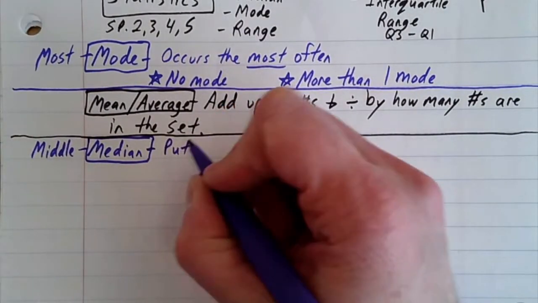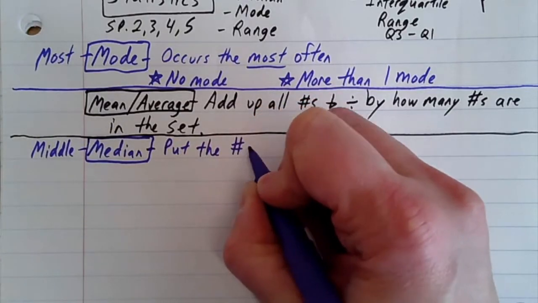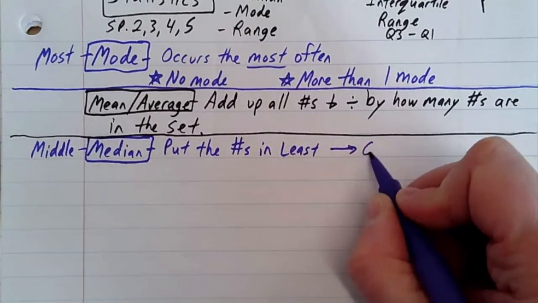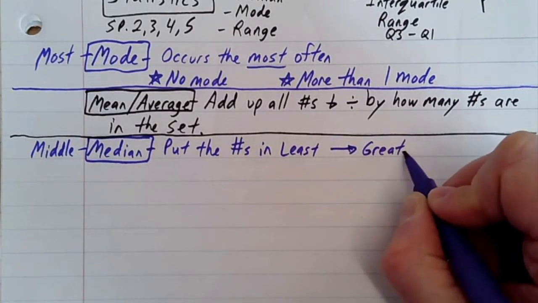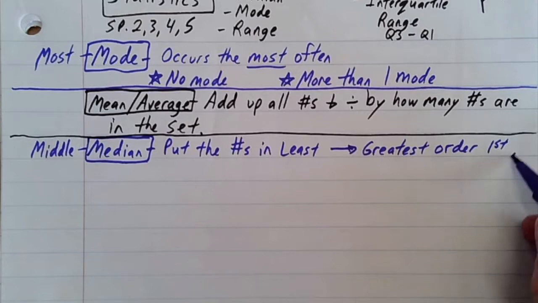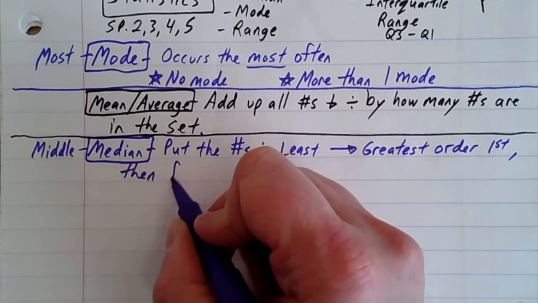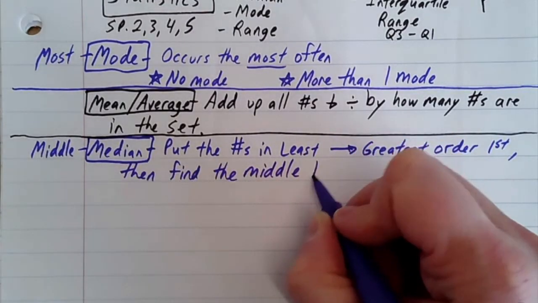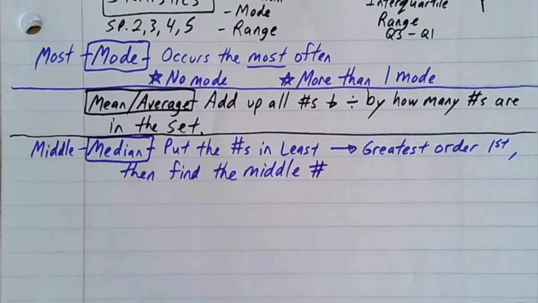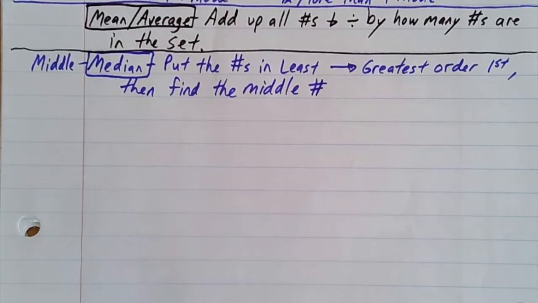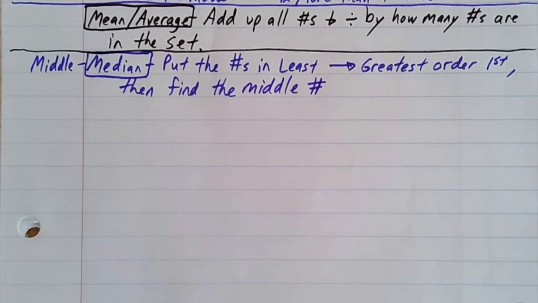So put the numbers in least to greatest order first, and then find the middle number. If you have an odd number of data, like 7 numbers, it'll be easy to find the one in the middle. If you have 6 numbers in your data set, it's going to be right in the middle of the third and the fourth one. So you have to add those two together and divide by 2.